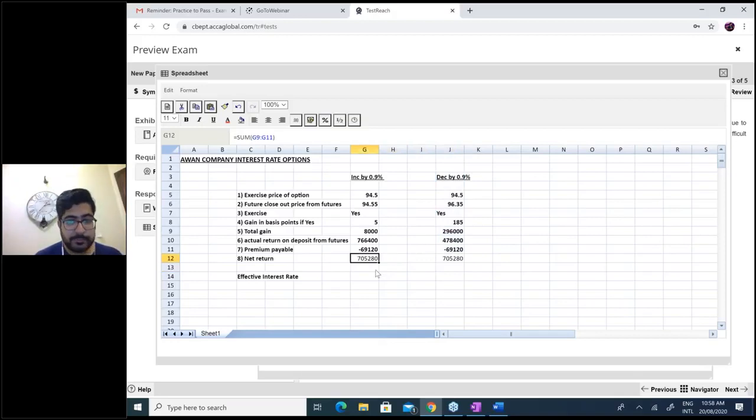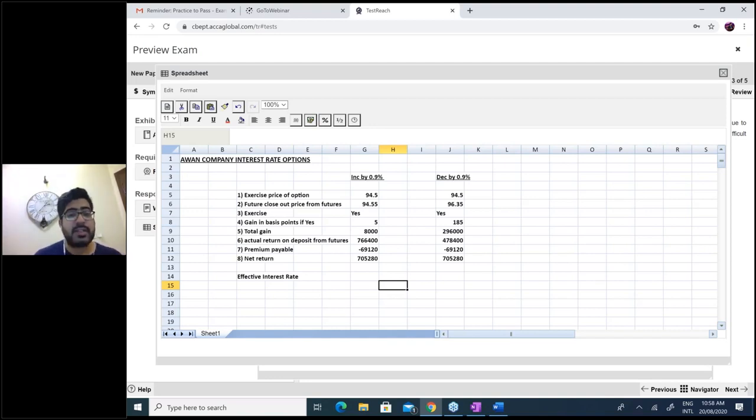It's coming same. The answer of options can be different in both cases. In FRAs, both cases answers come same. In futures, both cases answers come same always. But in options, the answer of both cases can be different. Here it is coming same because both options were yes, yes. Had it been different, yes or no, so obviously the answer might have changed.